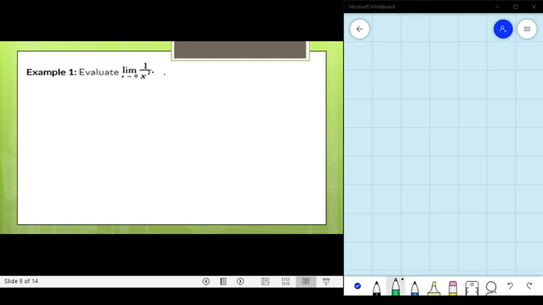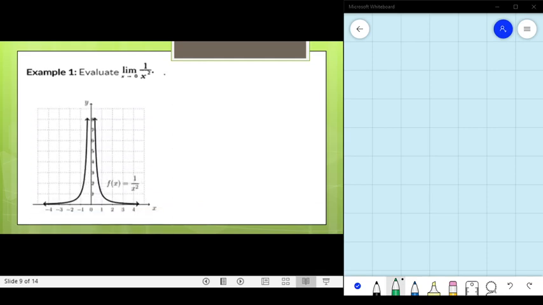If we use the graph interpretation, we can say that the limit of f of x as x approaches 0 from the left is positive infinity.